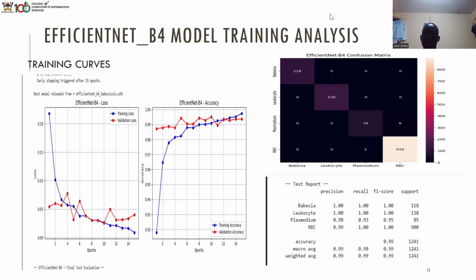Then 2 red blood cells were classified as Plasmodium, meaning the model actually didn't suffer too much. Then below it, we have the test report, where we have the overall accuracy as 99% and other metrics.